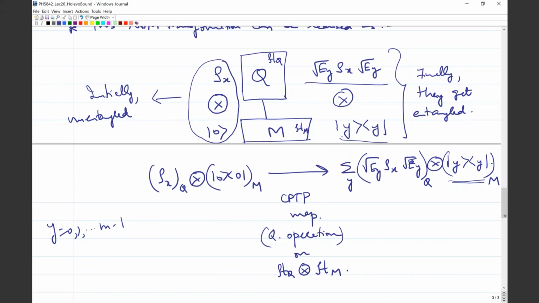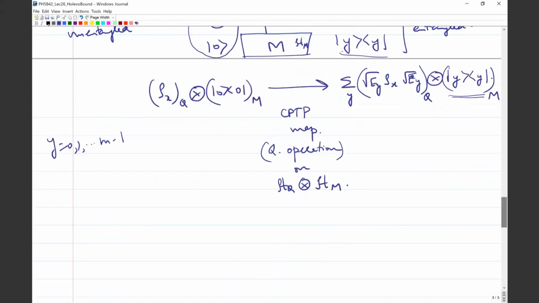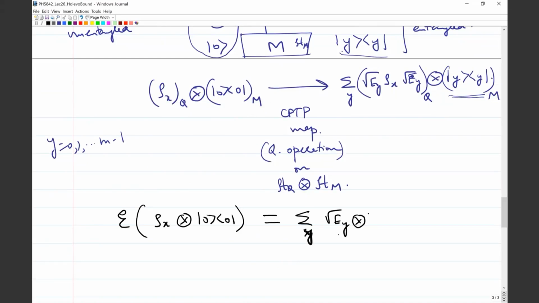So I can basically think of, so let me call this some map E, okay, which is taking this to this. So now I'm going to write it like this, okay, E_y tensor U_y acting on rho x tensor 0, 0.